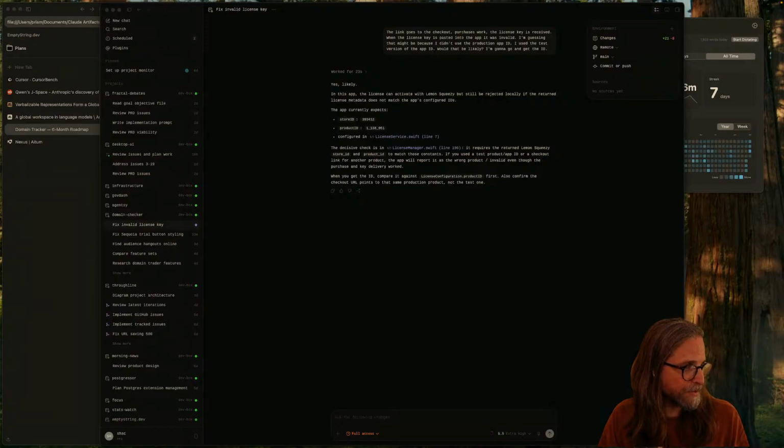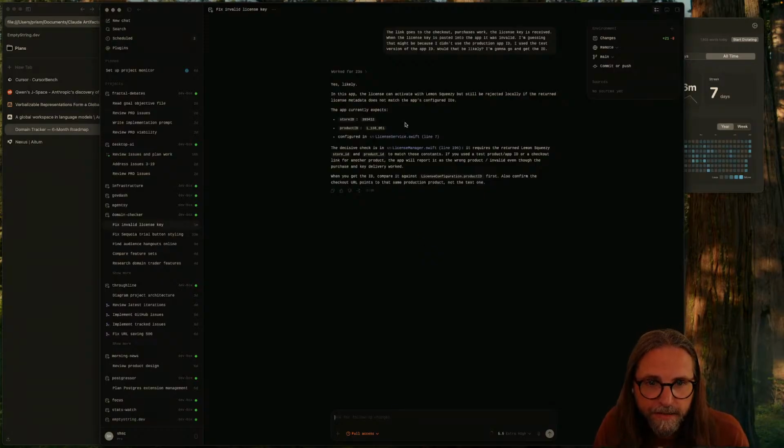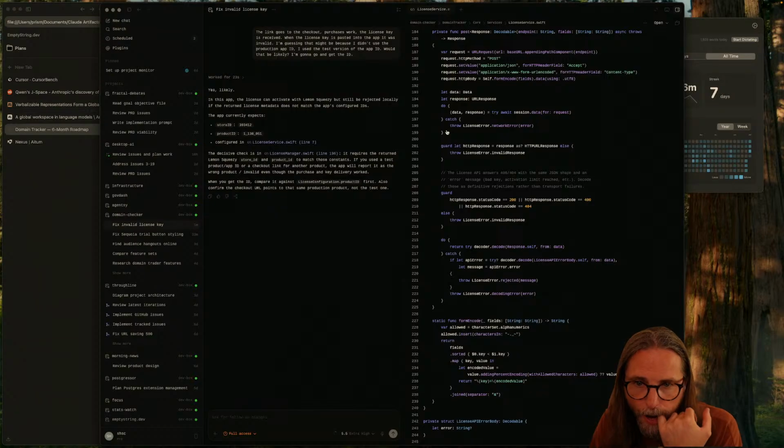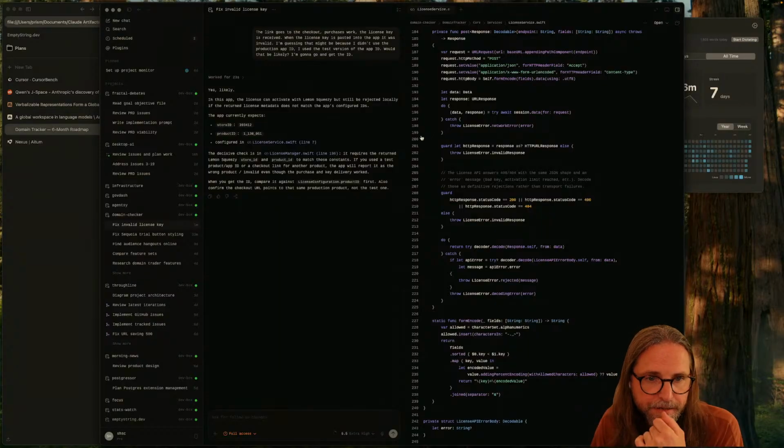Okay, there's the app. Let me get the ID. Copy ID. Yes, likely is in this app the license can activate with Lemon Squeezy but still be rejected locally if the returned license metadata does not match the app's configured data. Store ID, product ID. Is it just hard coded in here? I don't see it.